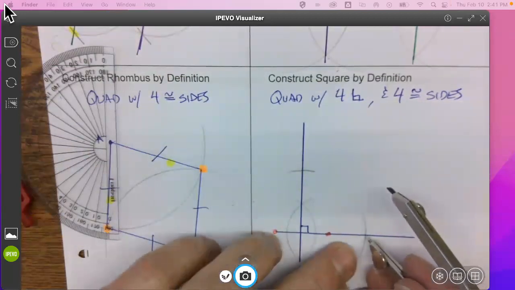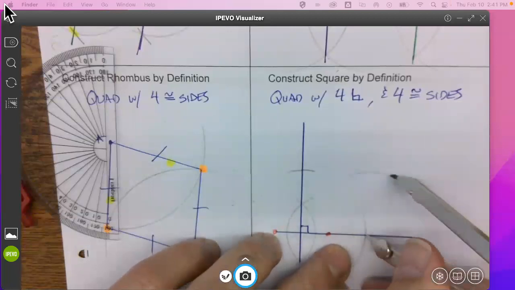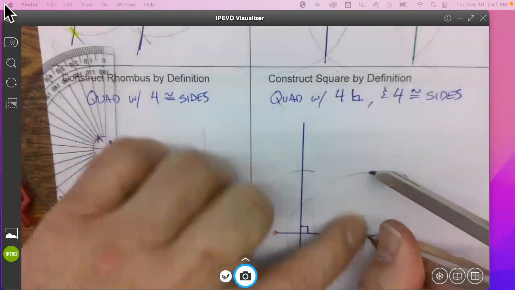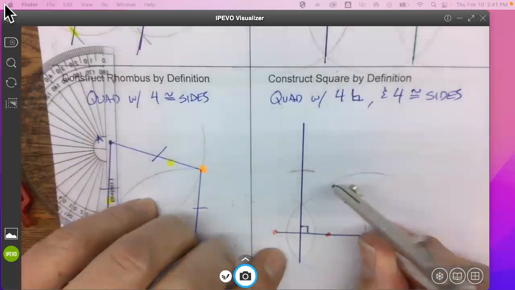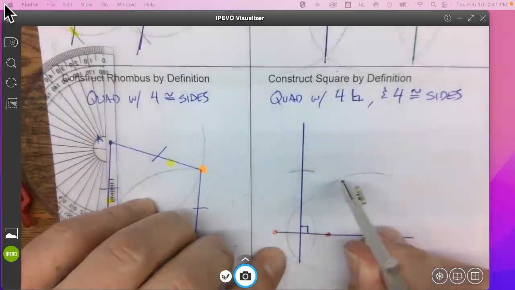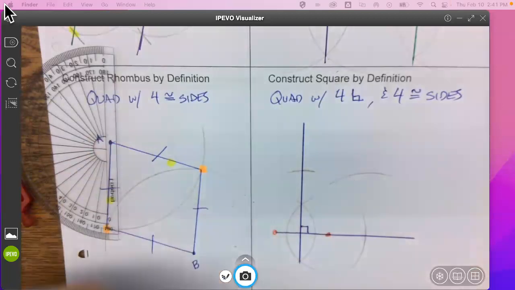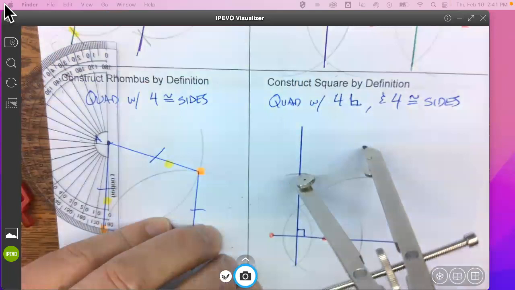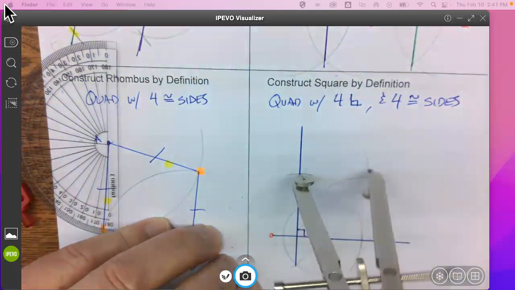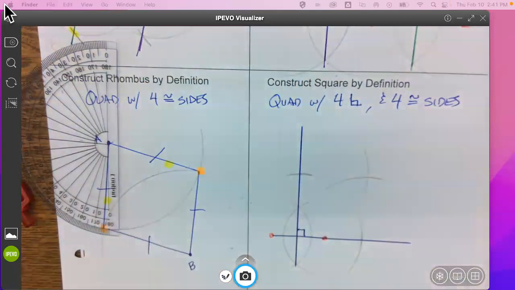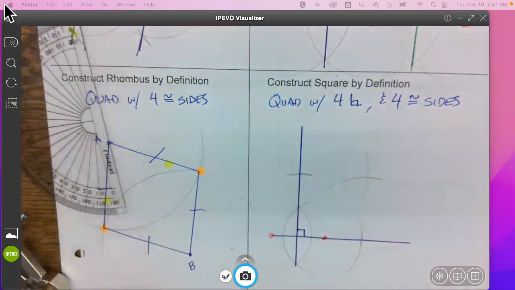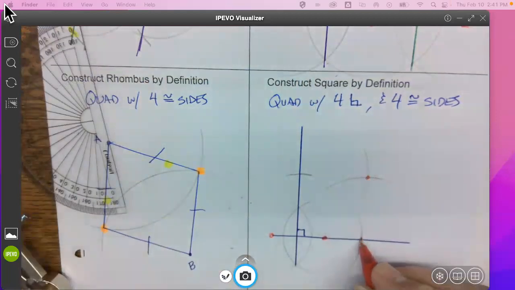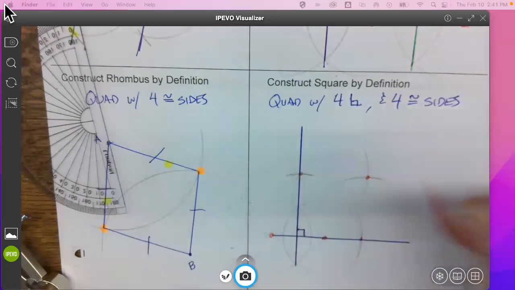Now I can go to this point of intersection, and I don't know exactly where my 4th point is, but it's got to be this same distance away, right? Because it's this length, which is the same as this length. And if I go to this other point of intersection, it's got to also be that distance away from this point. That finds for me a point of intersection. And if I connect all these dots, I should use a different color.